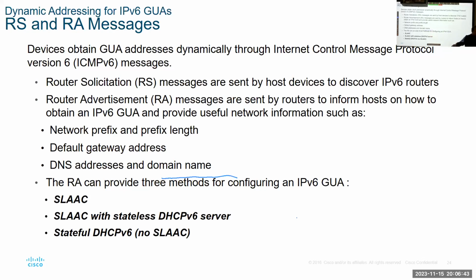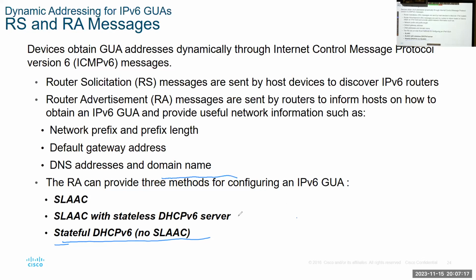And it'll tell the DHCP server, I need my address, and the DHCP server will give it the prefix, possibly even the interface address, and all the other stuff, default gateway, DNS address, and domain. That last way is probably the way that you don't want to use, just because it means more work for you to set up a DHCP server, and then it's got to be managed by the DHCP server.